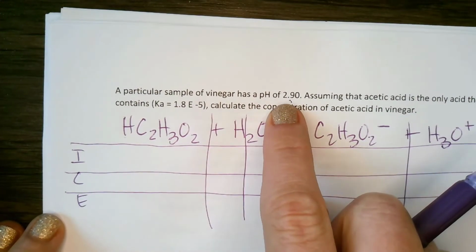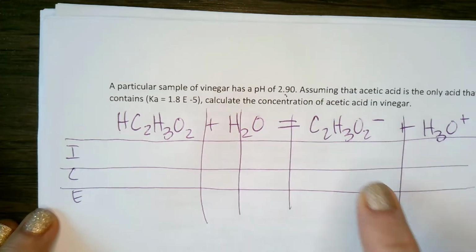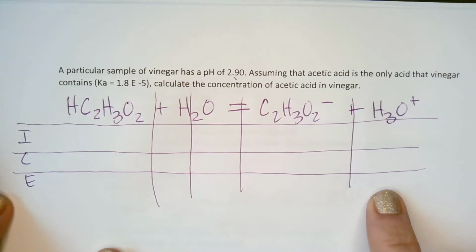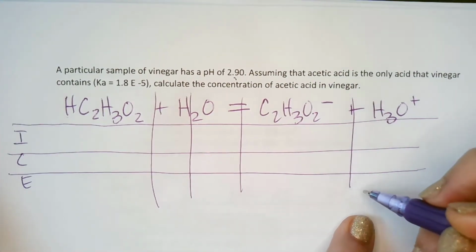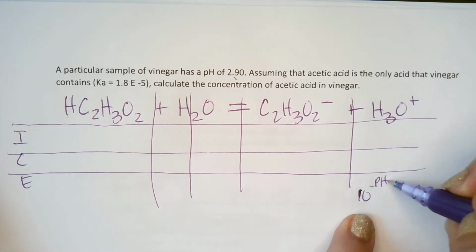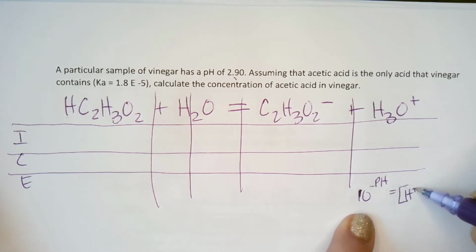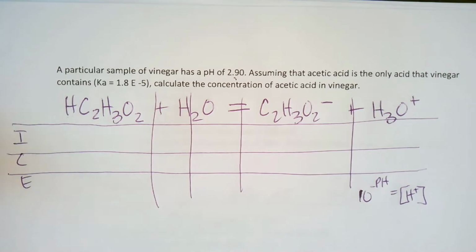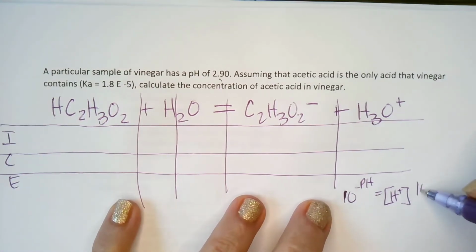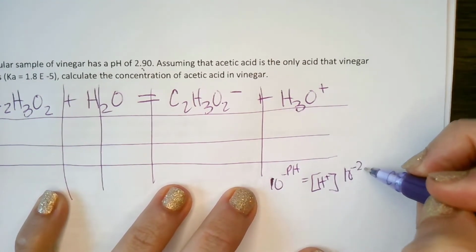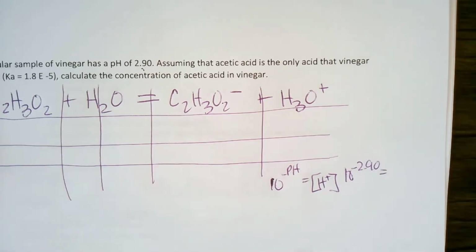So we know the pH is 2.90. We also know that if I do 10 to the negative pH, I can get my H plus concentration. So if I do 10 to the negative 2.90, let's see what I get here.